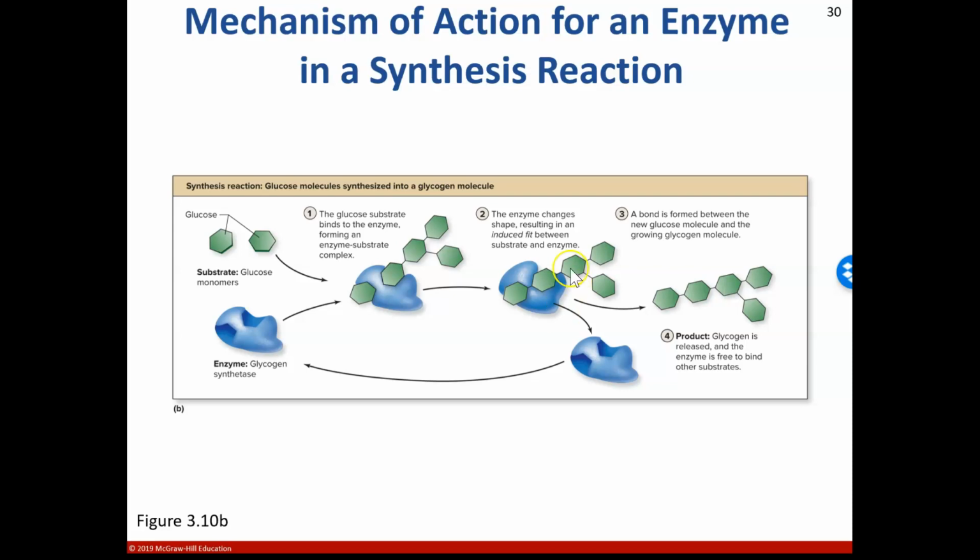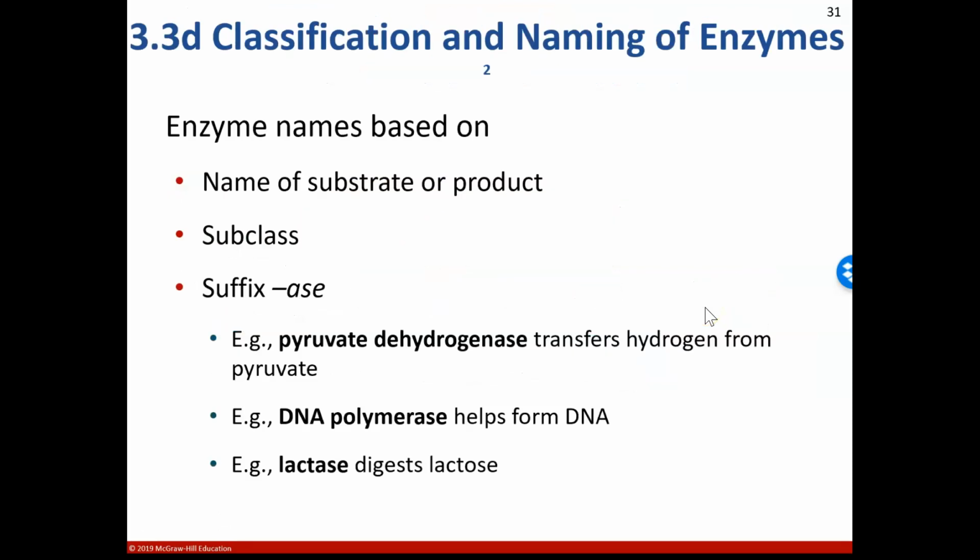Our bond is going to be formed between the new glucose molecule and the growing glycogen molecule, which we see pictured over here. The glycogen is released, and the enzyme now is free to bind to other substrates so that we can maybe add on more links to this glycogen molecule.